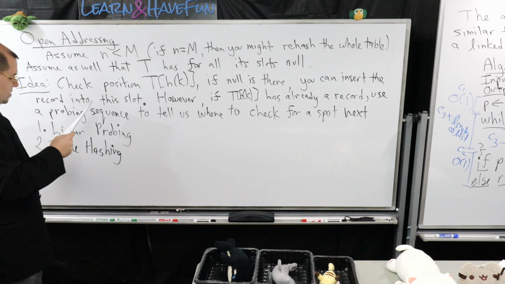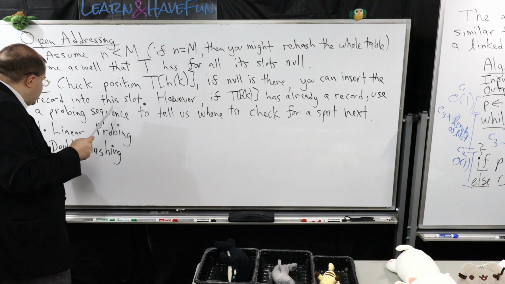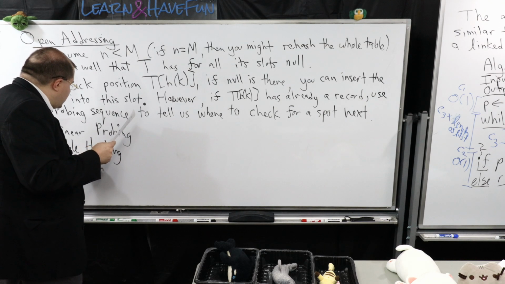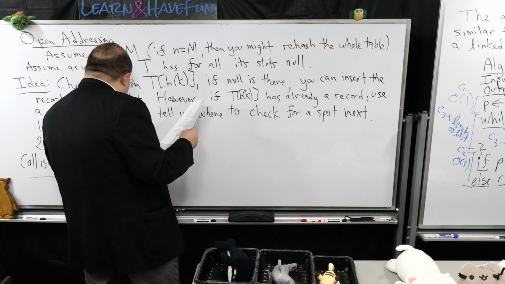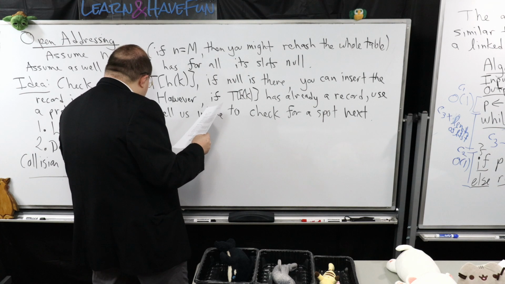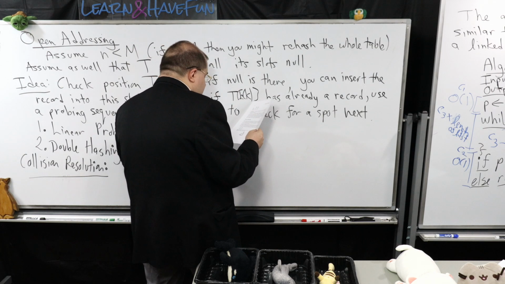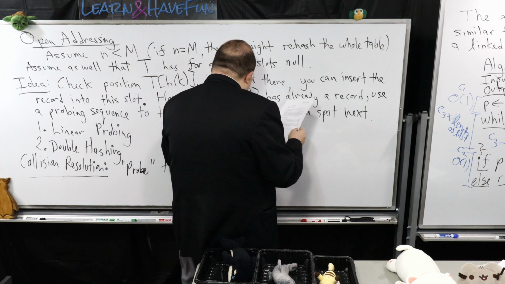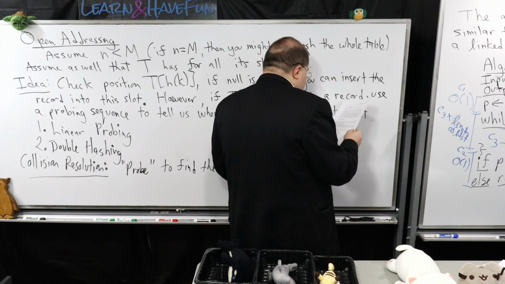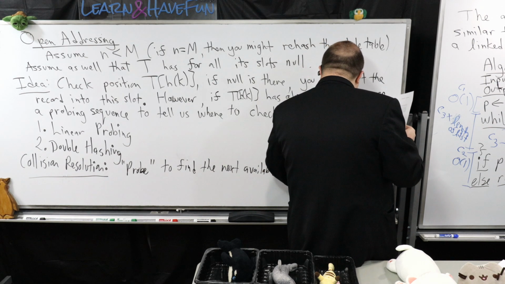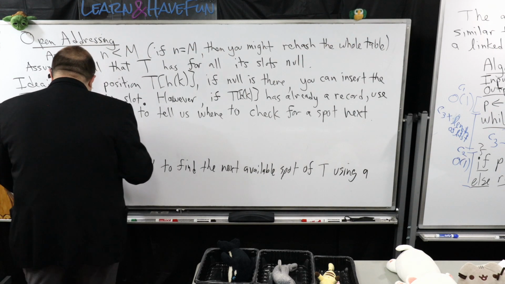So the collision resolution for both of these, regardless, is to probe to find the next available spot of T using a probing sequence, which I'm going to define a little bit more carefully shortly.